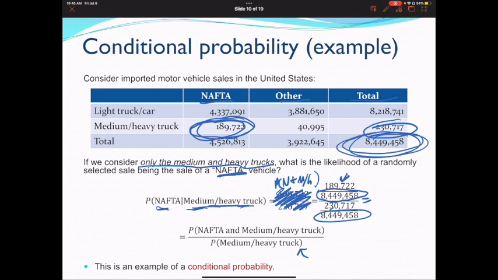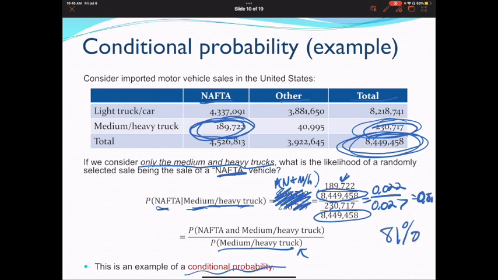Then I'm going to put that over the probability of being a medium heavy truck. That's going to be 230,717 over that 8.5 million or so. That gives me 0.022 over 0.027, which gives me 0.81, so 81%.